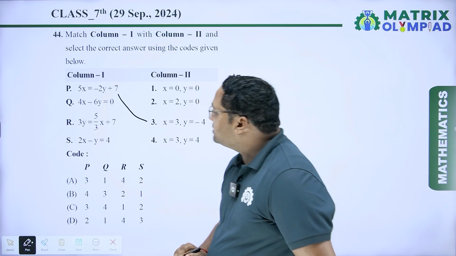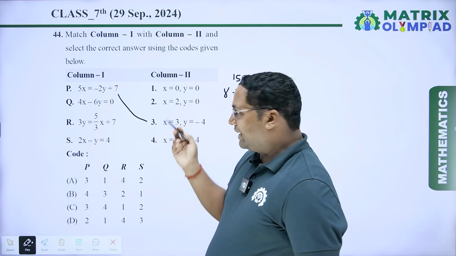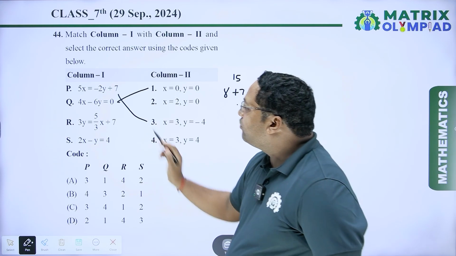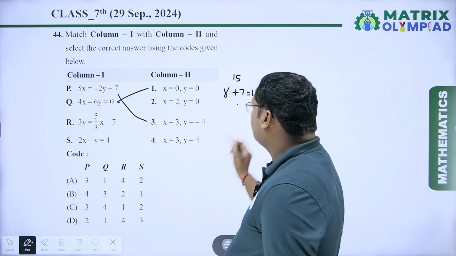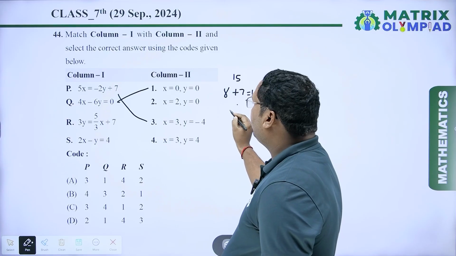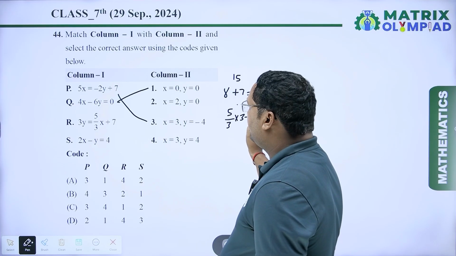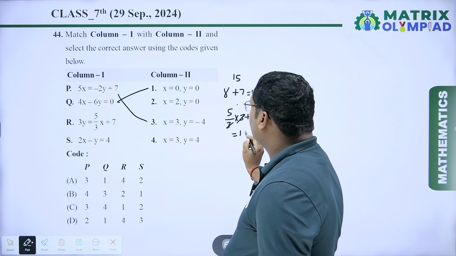Next is 4x minus 6y equal to 0. If we put x equal to 0 and y equal to 0, we will get 0 equal to 0. So 1 is correct. Next is 3y equal to 5 by 3 x plus 7. Here we put x equal to 3. On the right hand side we get 5 by 3 into 3 plus 7. The 3 and 3 cancel out, so it is 12.